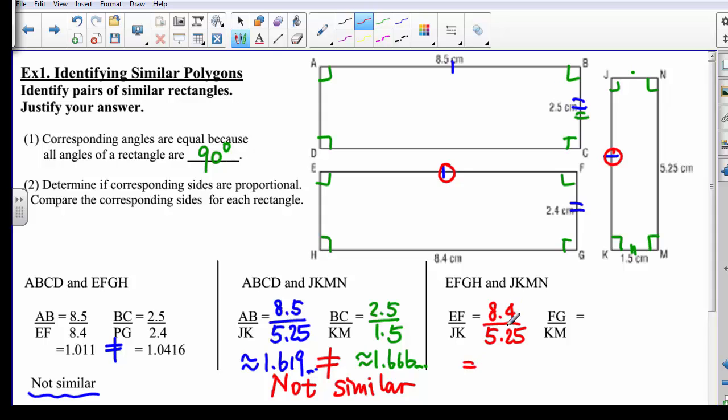If I convert this fraction to a decimal, it's 1.6 exactly. Let's look at both of these two widths. So FG corresponds to KM. FG is 2.4 centimeters. KM is 1.5 centimeters. Cancel the centimeters. This fraction can be reduced to 1.6 as a decimal as well.